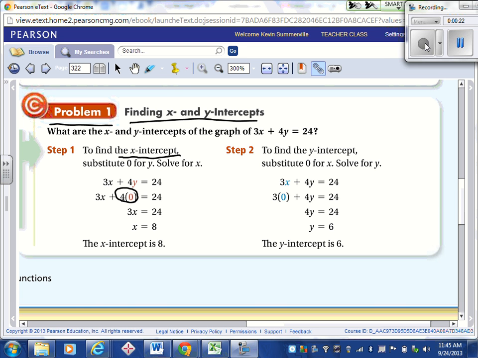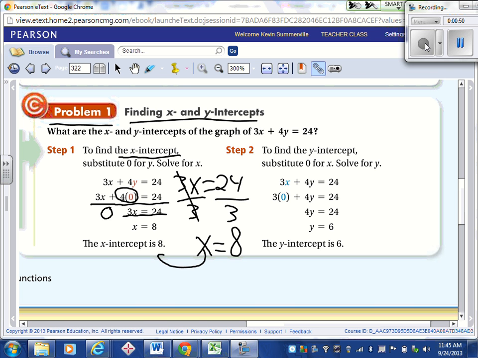And then when I did that, I have 3x plus 4 times 0 equals 24. 4 times 0 is 0. I could put the 0 there, but I don't need to. So I could just write it 3x equals 24. And for me to solve it, I divide both sides by 3, and I get x equals 8.